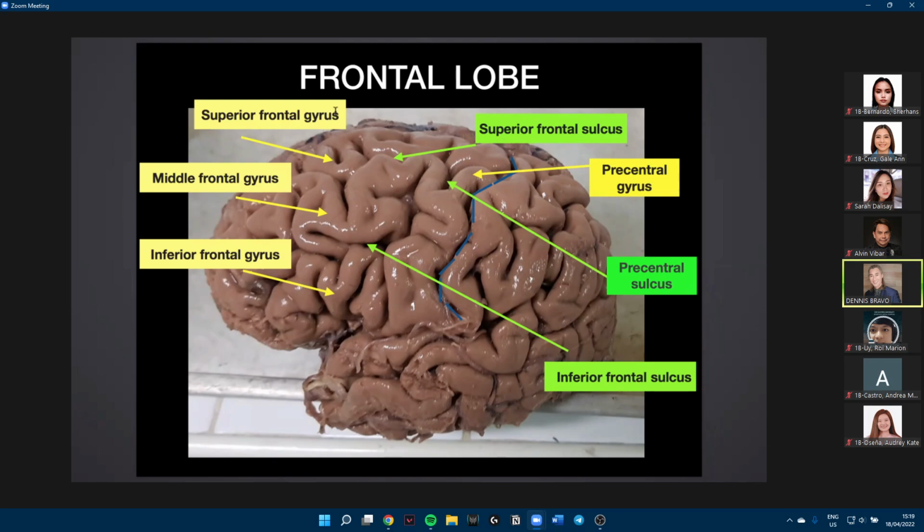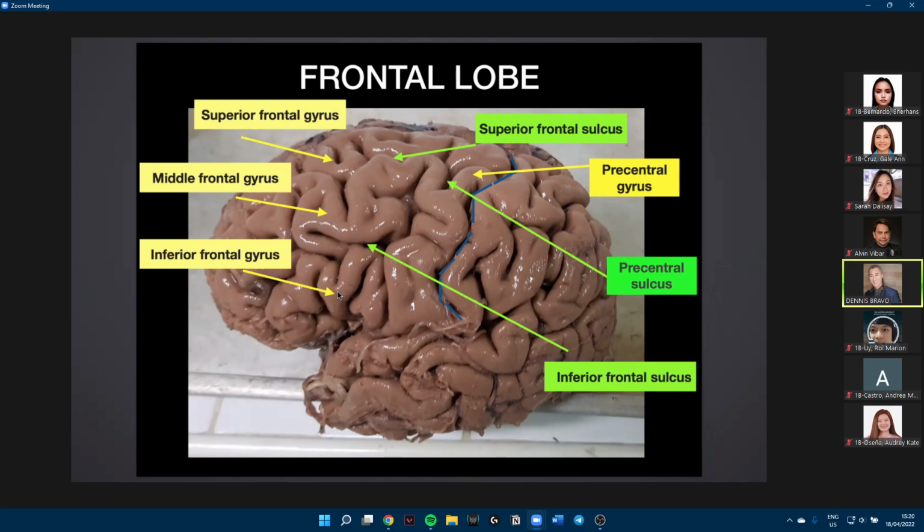What separates the superior frontal gyrus from the middle frontal gyrus? You will see a more or less horizontal line or sulcus that separates the superior from the middle frontal gyrus. This is referred to as the superior frontal sulcus. On the other hand, the inferior frontal sulcus, right here, separates the middle frontal gyrus from the inferior frontal gyrus.